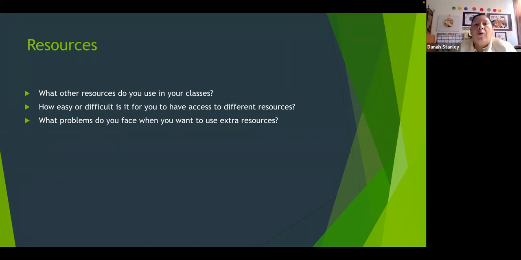Okay, what problems do you face when you want to use extra resources? We know that we have these difficulties when using the resources provided by the institution.